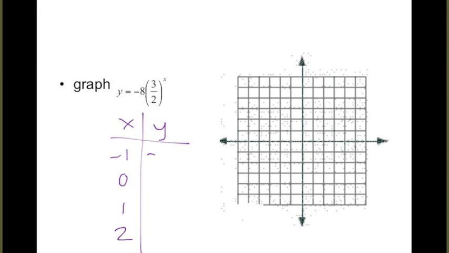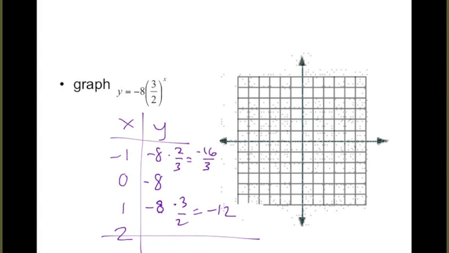So we're going to plug in the -1. It's going to flip over that fraction, make it 2/3. Get -16/3. -8. -8 times 3 halves is -12, and I'm not even going to bother plugging in that last one because I know whatever it is, I'm not going to end up plotting it because it's going to be too low.